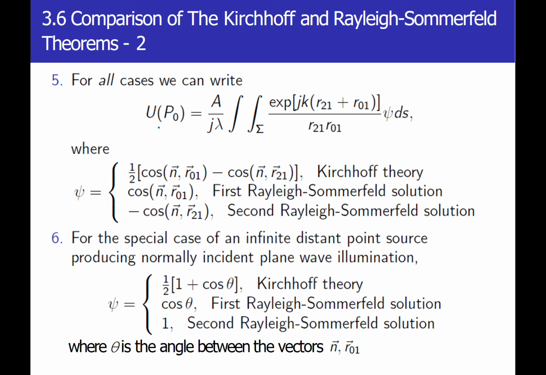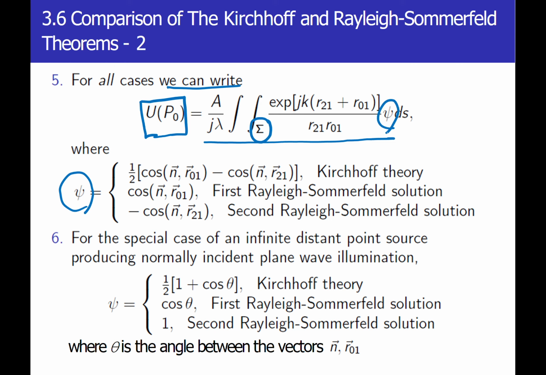So in general, for all cases, we can write U(P0), our scalar component at the given position P0, as an integral on the aperture with these functions. And then depending upon the choice, we have a term C, psi, and it could be this.